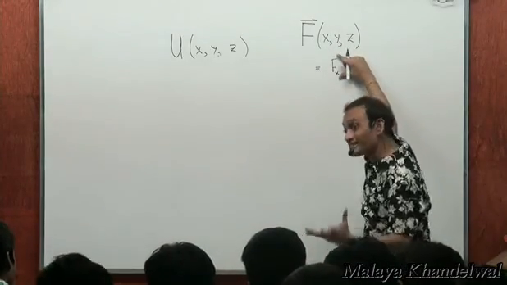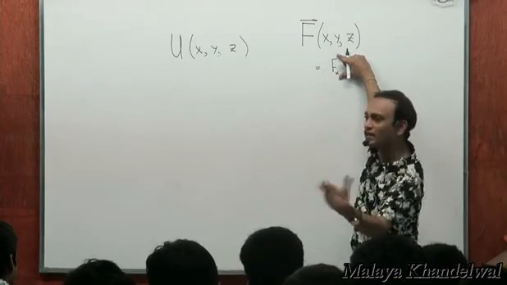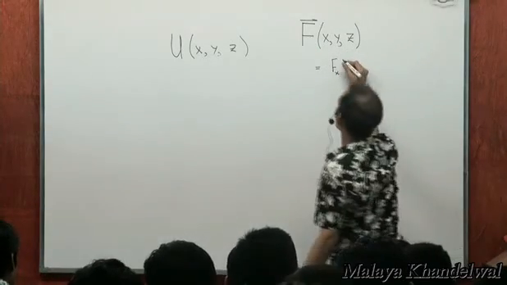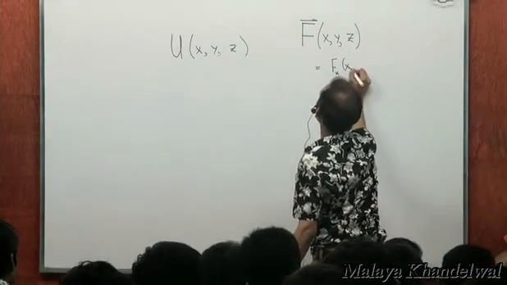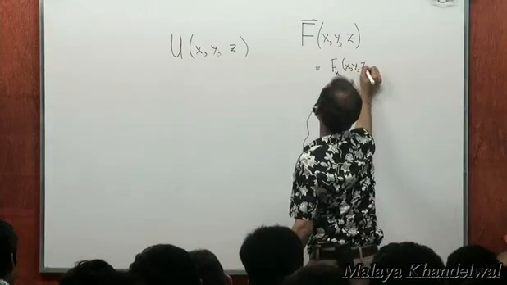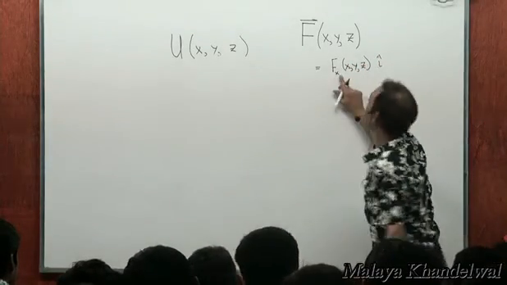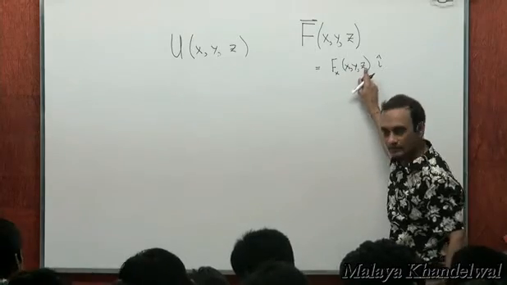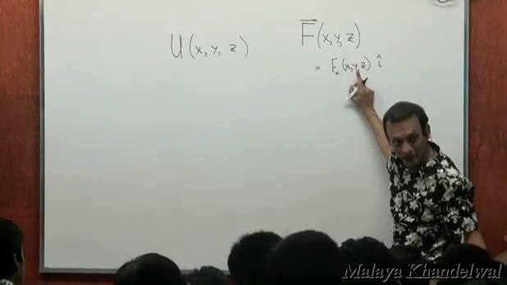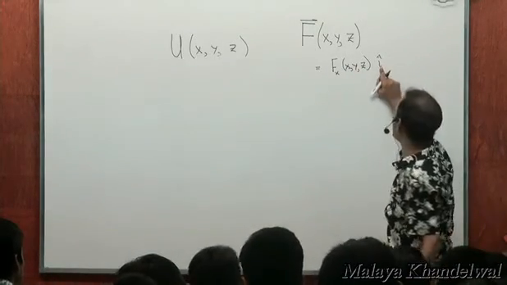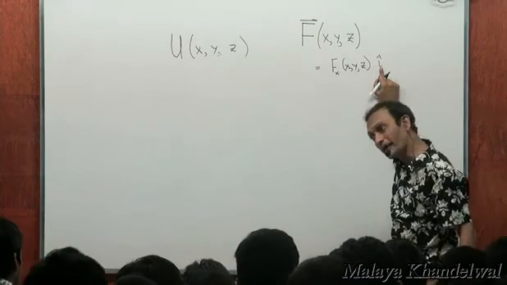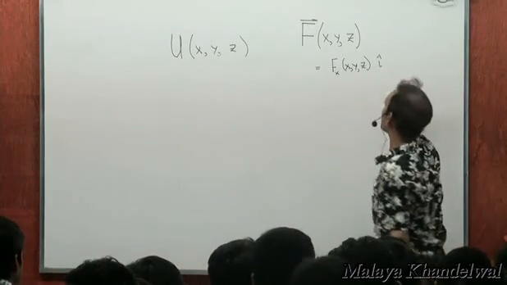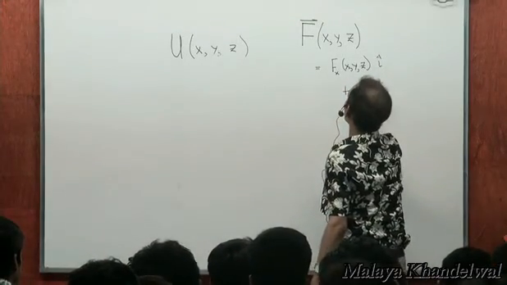That means Fx in a very general sense will depend on all 3: x, y, z, the position of that point. So the x component of the force will depend on x, y, and z. I cap, there is an x component of the force whose value will depend on where the point is. So it will be a function of the coordinates of that point, and it will be directed along the x direction, right?